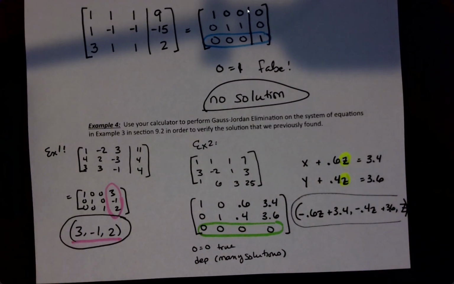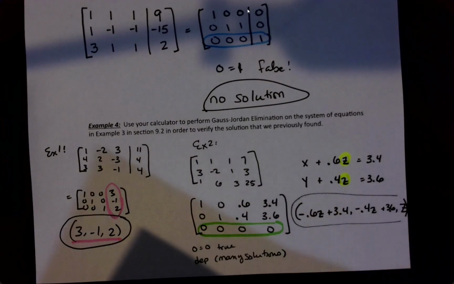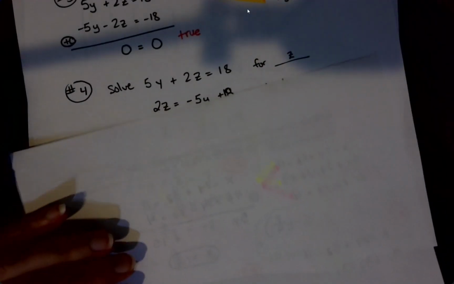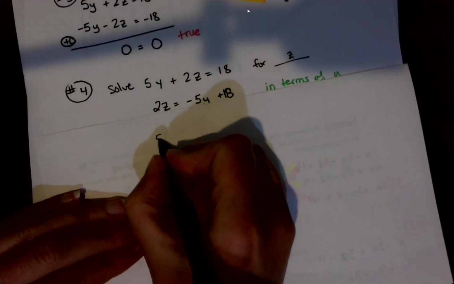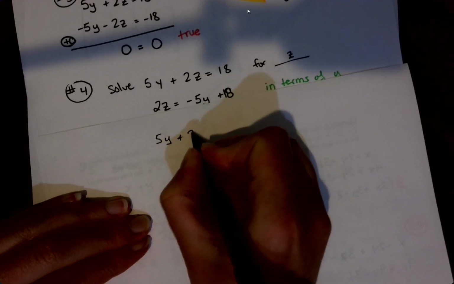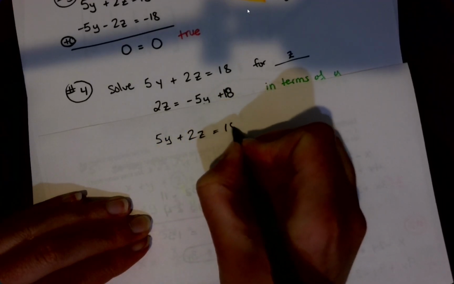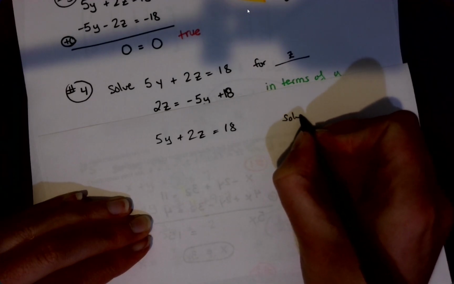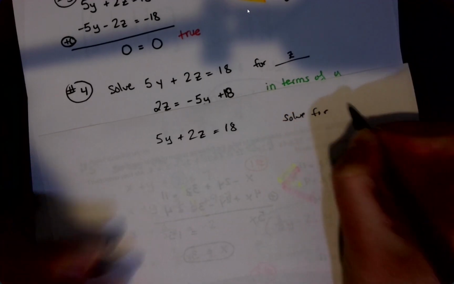I just want to show real quick that my solution from number 2 in 9.2 is the same thing. So let's take this equation right here. 5y plus 2z equals 18. And instead of solving for z, let's solve for y.